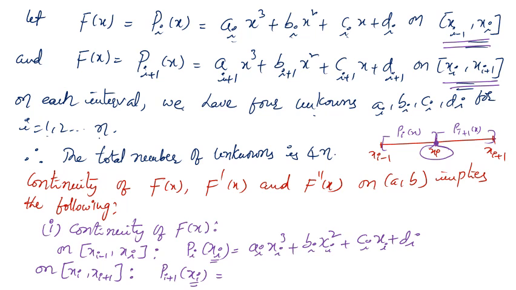For continuity at xi, both polynomials must be the same. So pi plus 1 of xi equals ai plus 1 xi cube plus bi plus 1 xi square plus ci plus 1 xi plus di plus 1. These are the continuity conditions of f of x. Take these conditions as equation 1.